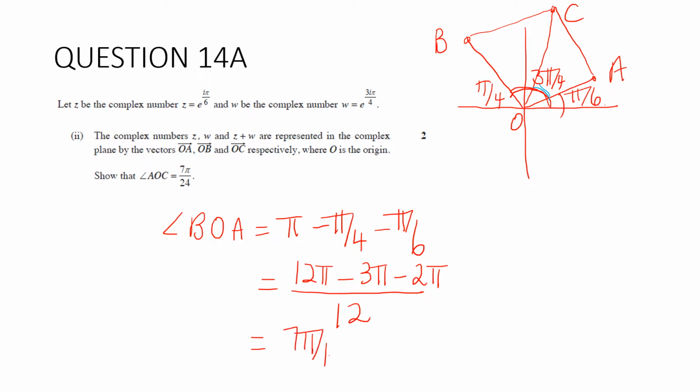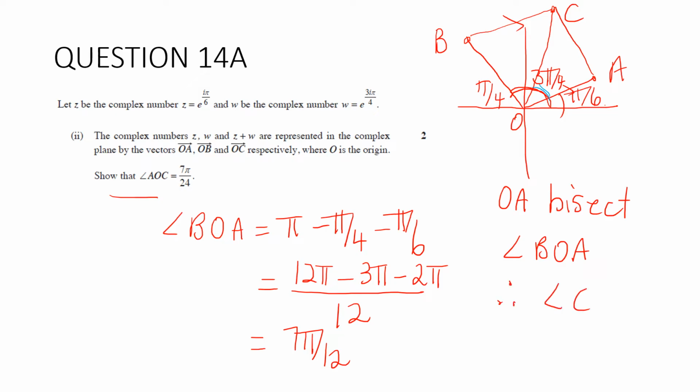And through the properties, this is a parallelogram, so we know that OA will bisect angle BOA, therefore angle COA will equal 7 pi on 24.